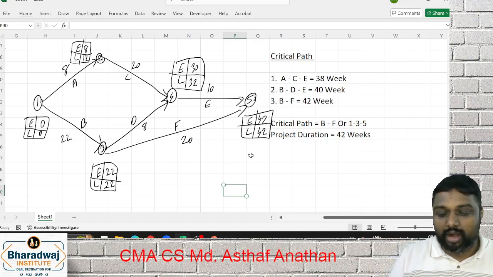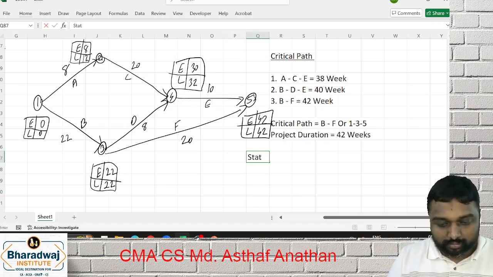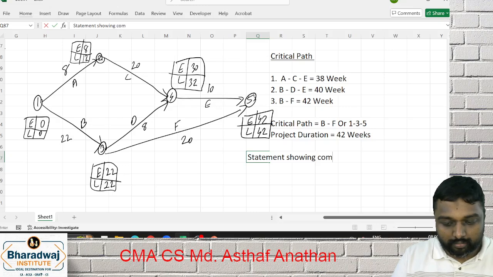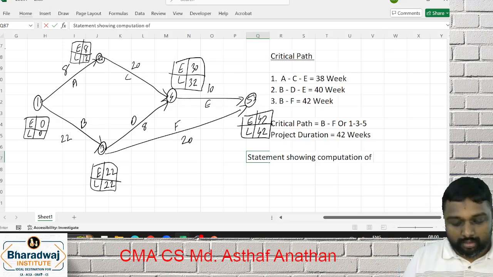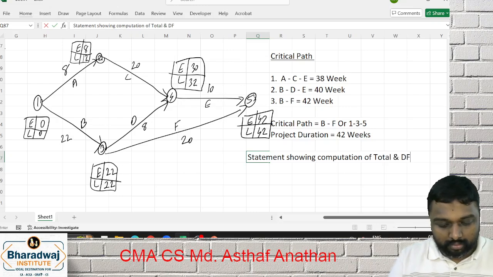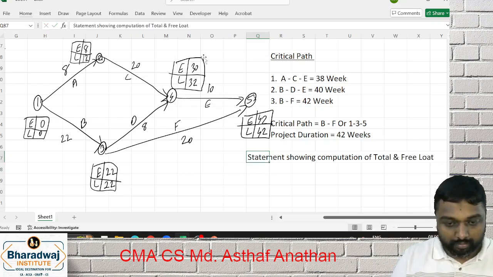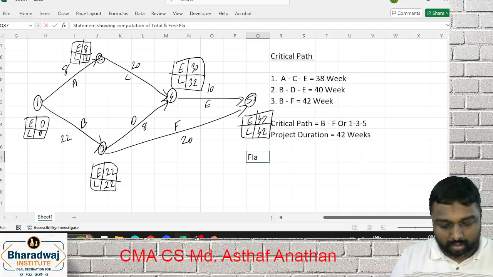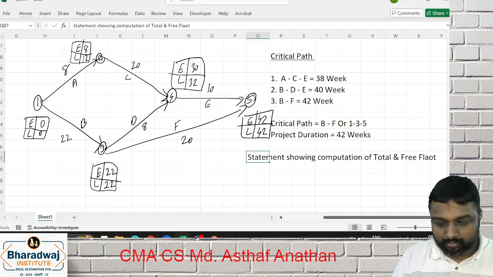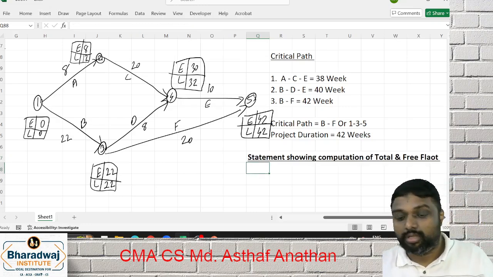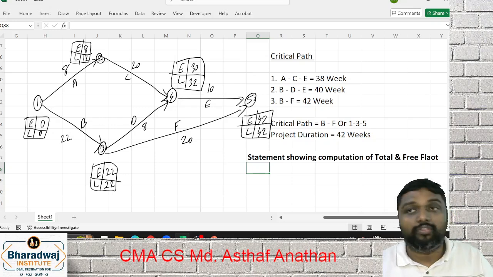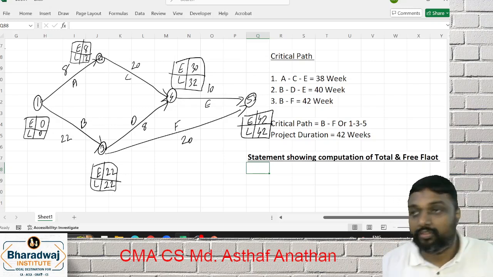Now you can go for what? Statement showing computation of total and free float.